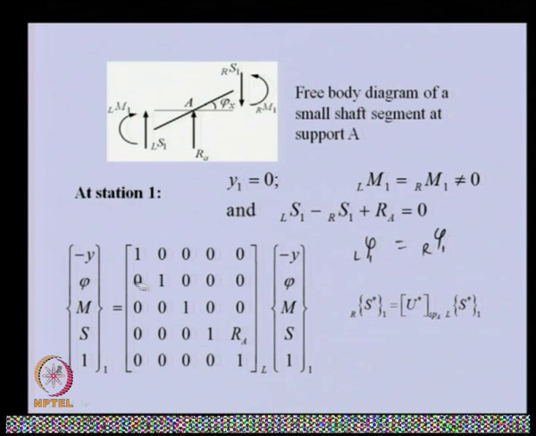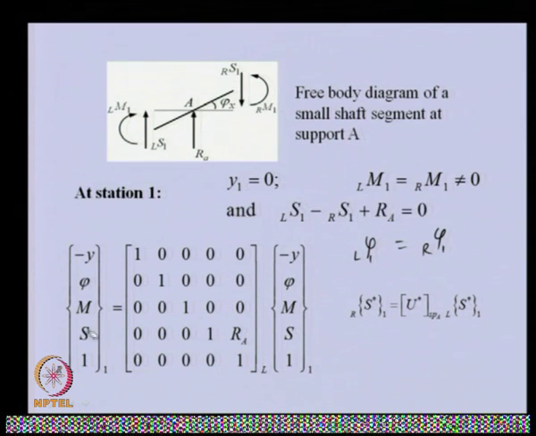If you expand the second row, you will get this equation. The third equation is the moment equation. If you expand it, you will get the moment on the right of 1 equal to the moment on the left of 1.